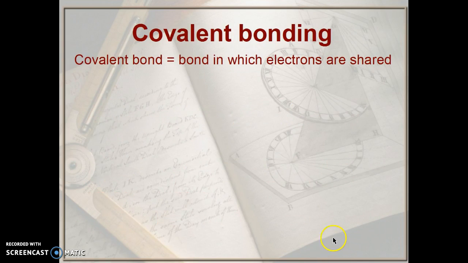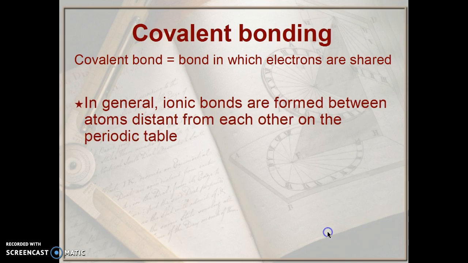A covalent bond is a bond in which electrons are shared, and that's how the energy drops. The energy is going to be permitted to be low, and that, of course, is always the direction in which we are going, towards a low energy.